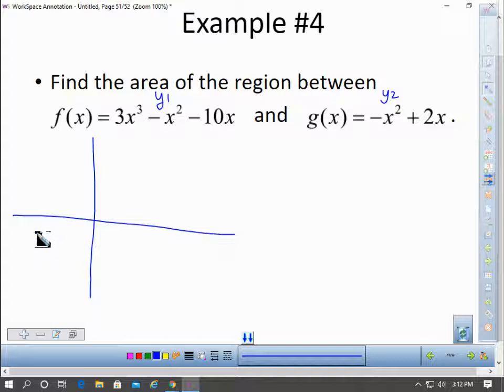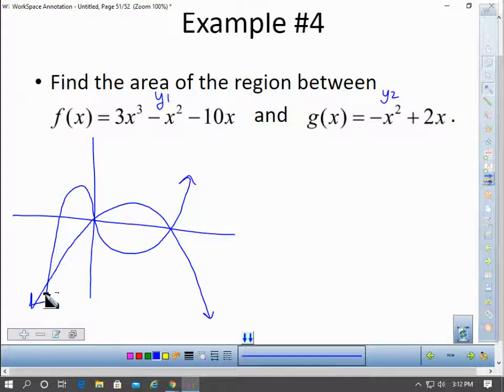All right, so here's what our picture ends up looking like. We've got a parabola. So here's our parabola. And then we also have a cubic function. All righty, and my cubic function, I'm going to draw it like this.